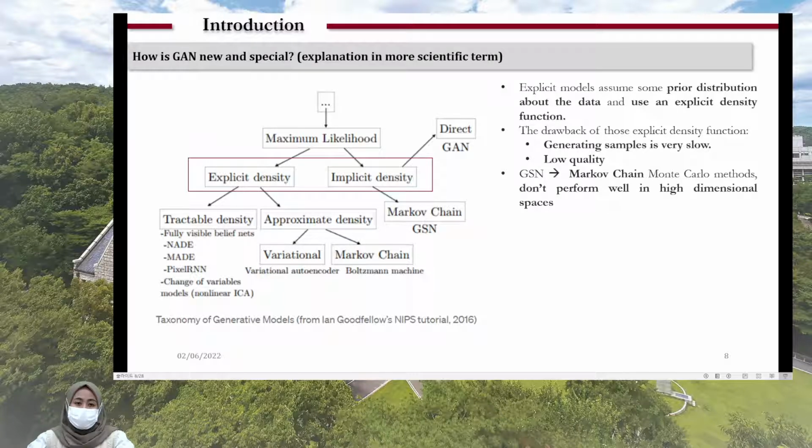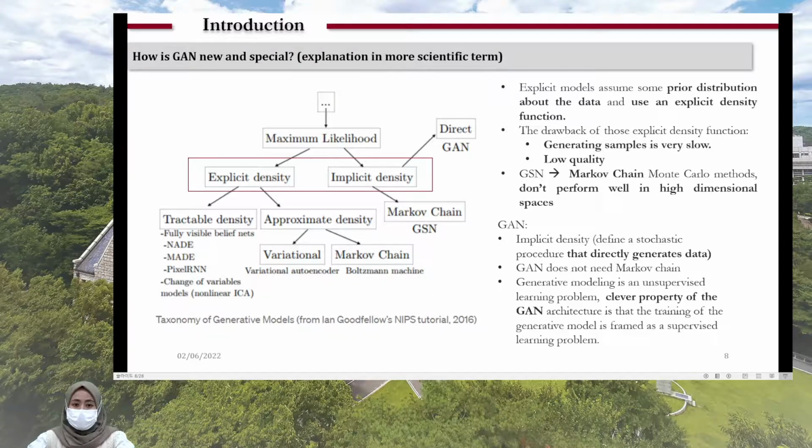However, the drawback of those explicit density functions is that the sample generating process is very slow and results in low quality output. Generative stochastic networks are in the group of implicit models. However, this model still utilizes Markov chain Monte Carlo methods, which don't perform well in high-dimensional space.